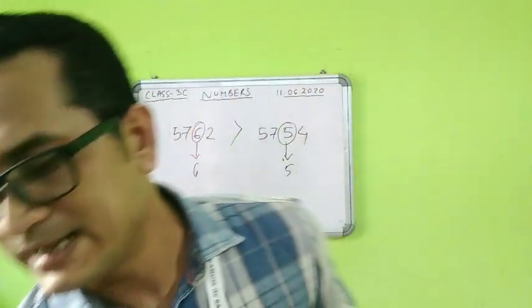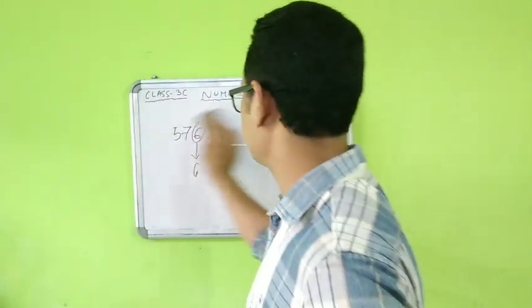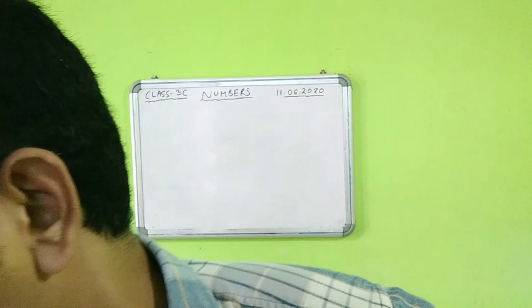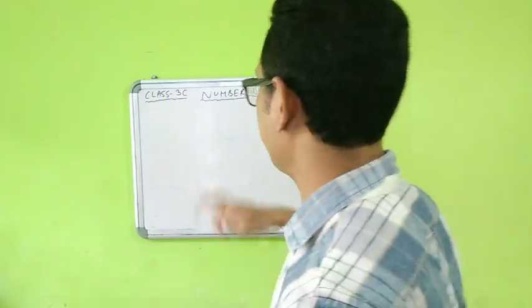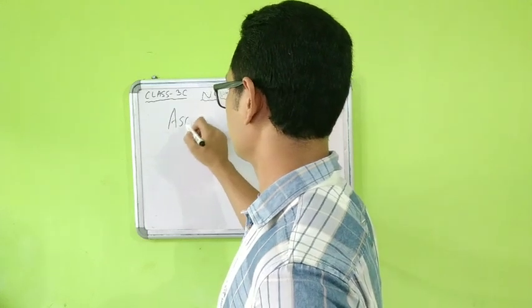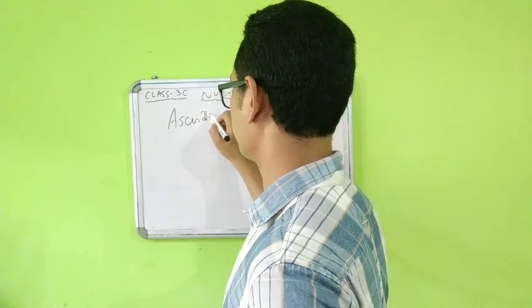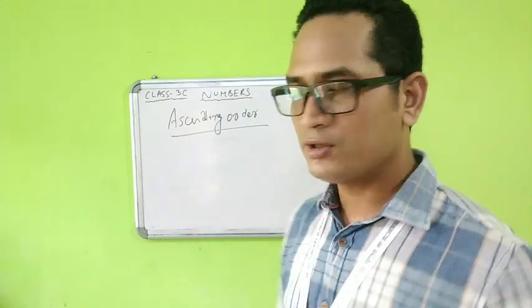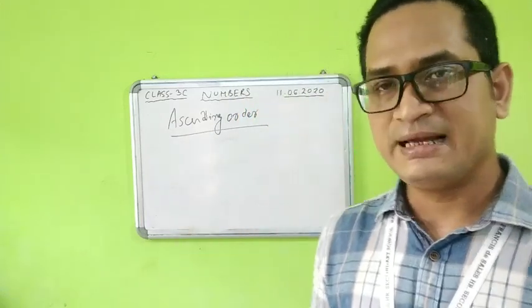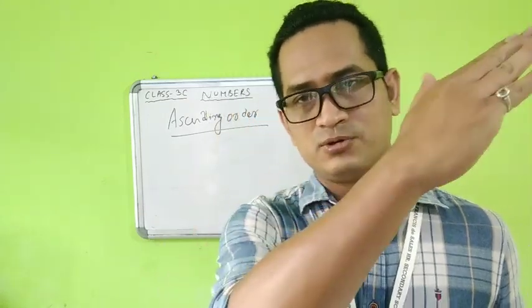Now students, what is ascending and what is descending order? Let us see that. Ascending order, students, is that which is arranged from smaller to larger.